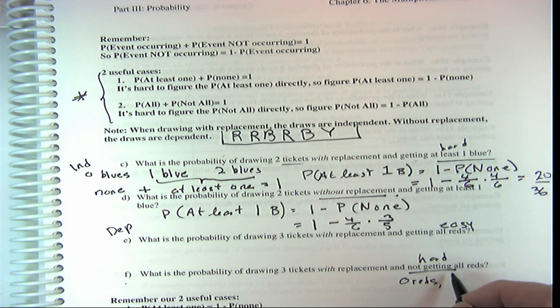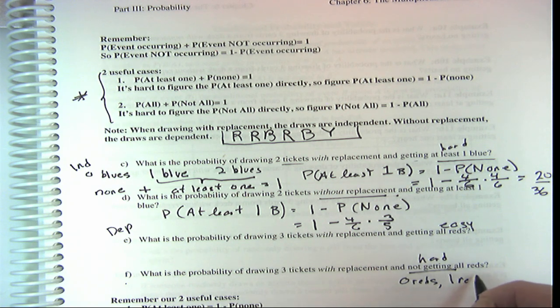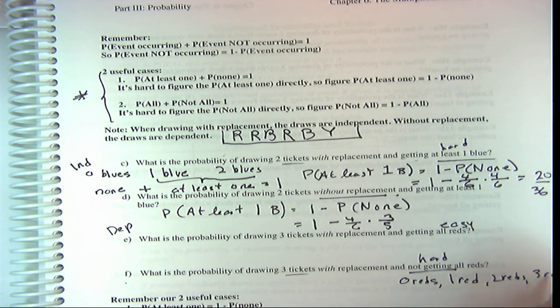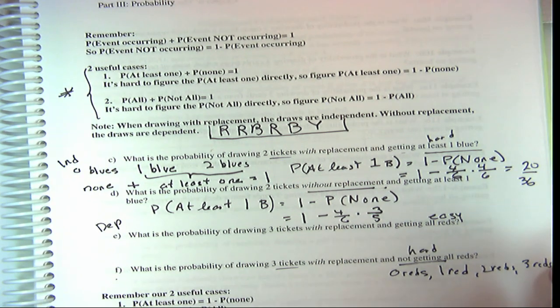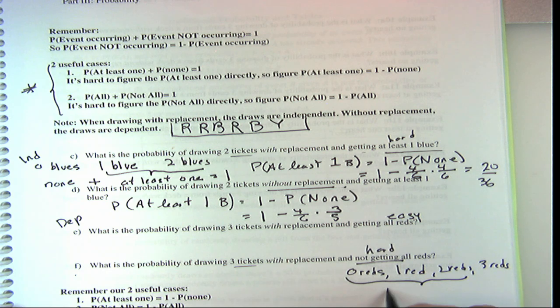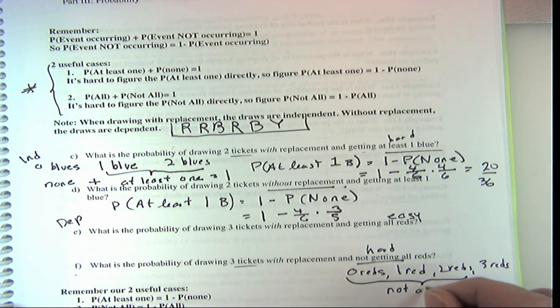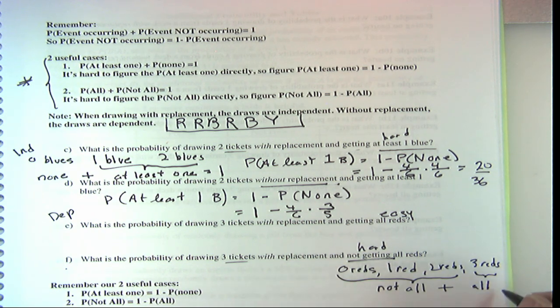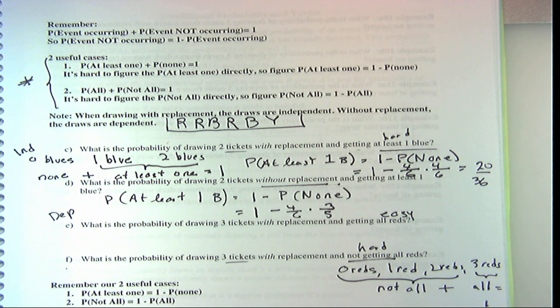Not getting all means 0 reds, 1 red on 3 tickets, 2 reds, or 3 reds. And not all is all of these. These are not all. And this 3 reds is all. So that one's easy. And together they add up to 1 or 100%.